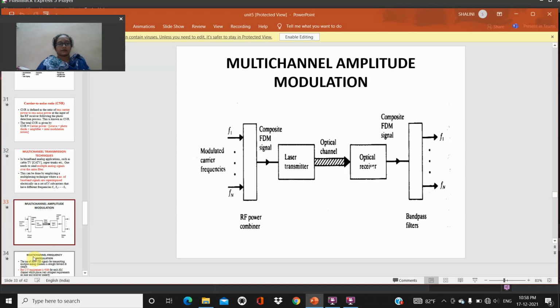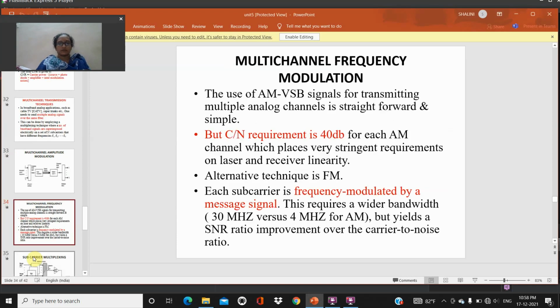Next, multi-channel frequency modulation. The use of amplitude modulation VSB signals for transmitting multiple analog channels is straightforward and simple, but the S by N requirement is 40 dB for each AM channel, which places very stringent requirements on laser and receiver linearity.